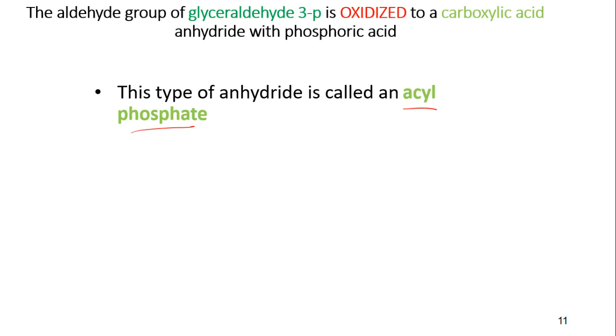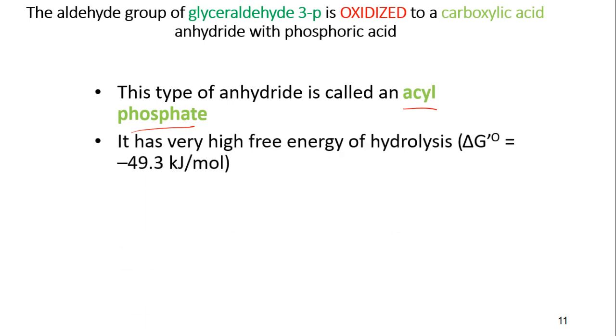This acyl phosphate has a very high free energy of hydrolysis, and this energy is equivalent to what? Negative 49.3 kilojoules per mole. Okay, now what is the acceptor in this reaction? What is the acceptor in this reaction?